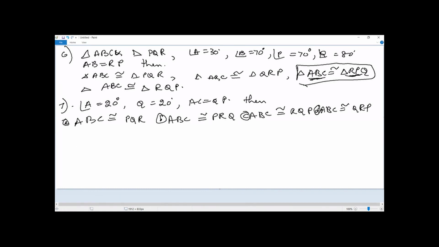Ma'am, second option. A equals 20, P equals 20. No, not second option. D option, ma'am. A is 20, Q is 20. AC equals QP. Yes, D option is correct. Next.